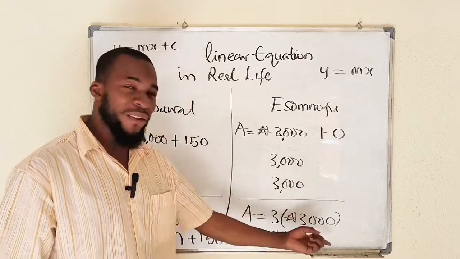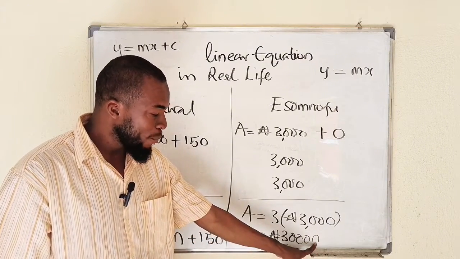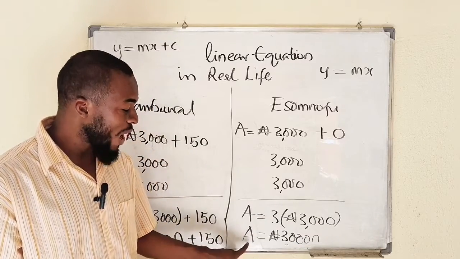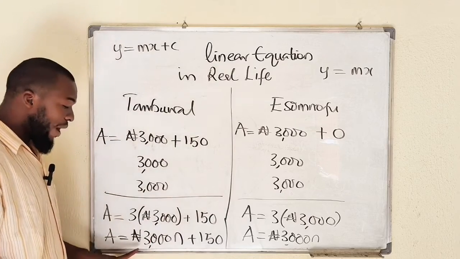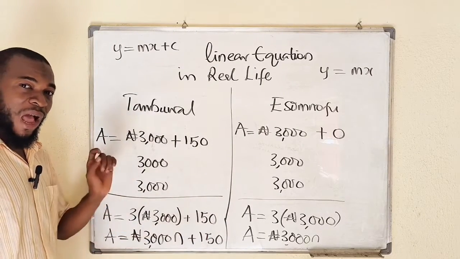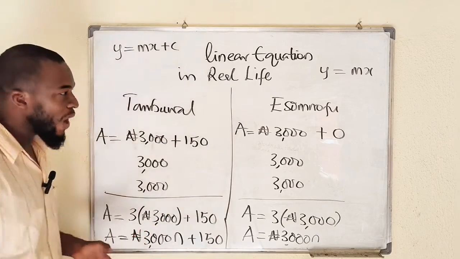This is why this depends on that. For instance, if this is 3, we have 3 times 3,000, which is 27,000. So amount will be 27,000 after 3 weeks. While this one will be 27,150 naira after 3 weeks. That is the total amount in that saving account.